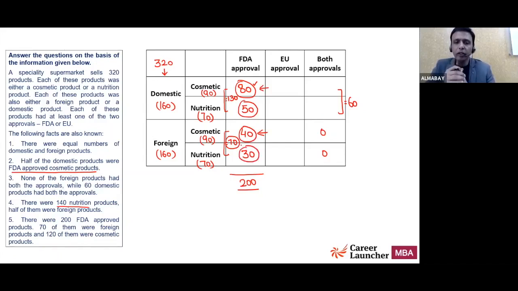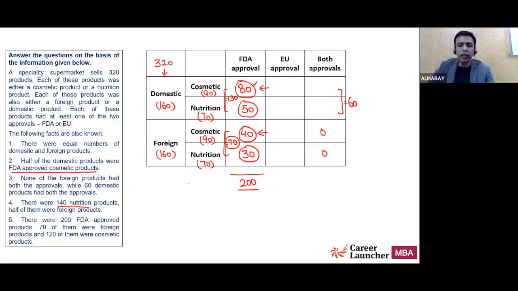So out of the initial information given, we could have figured out the total number of domestic and foreign products, the total number of domestic cosmetic and nutrition, the total number of foreign cosmetic and nutrition, and individually the total number of FDA approved products in each of the category. Fine. What is missing till now is EU approval and the number of products with both the approvals in case of domestics.